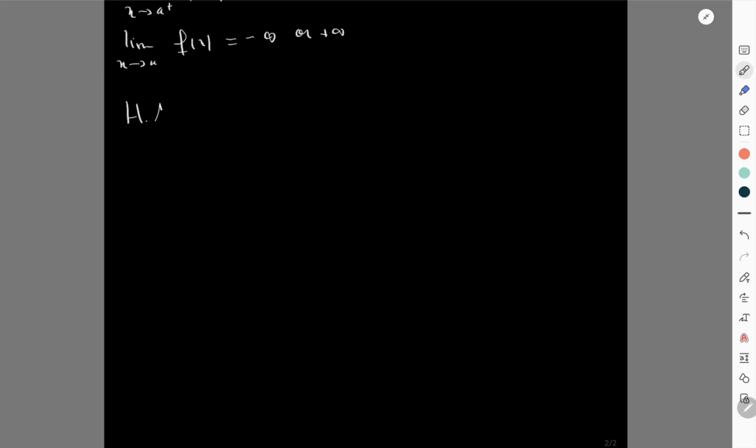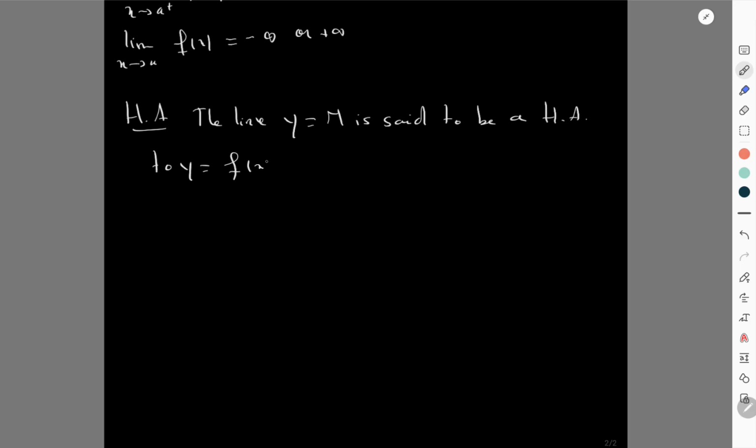Horizontal asymptote. The line y is equal to m is said to be a horizontal asymptote to y equal f of x at plus infinity if the limit as x goes to plus infinity of f of x is equal to m.